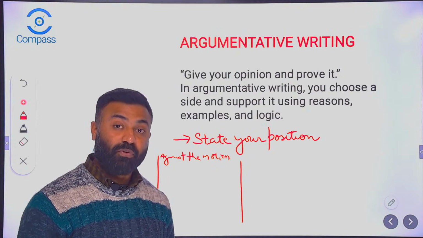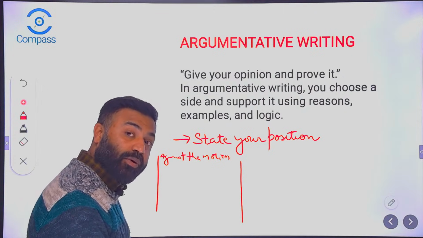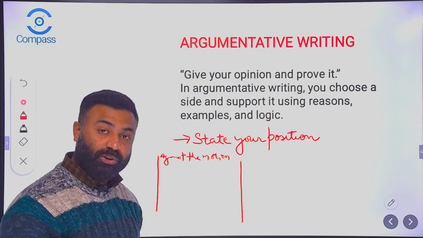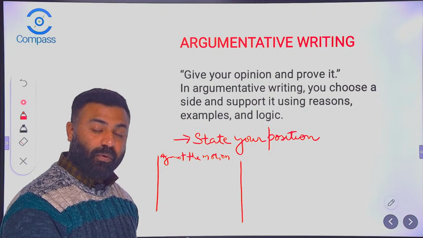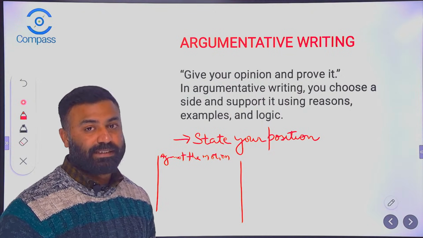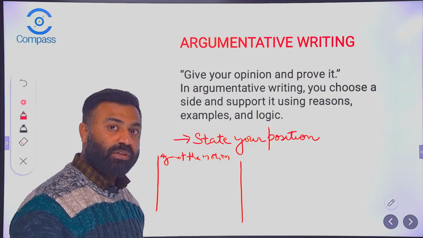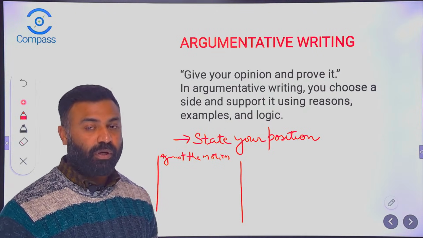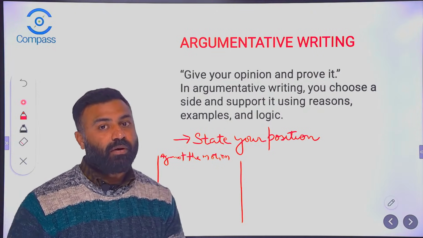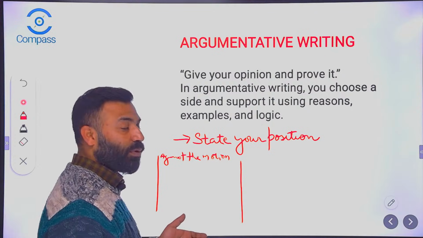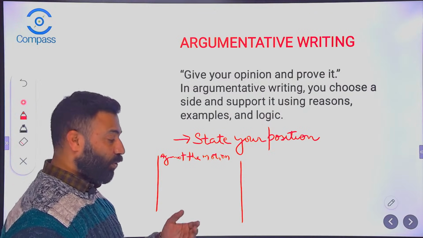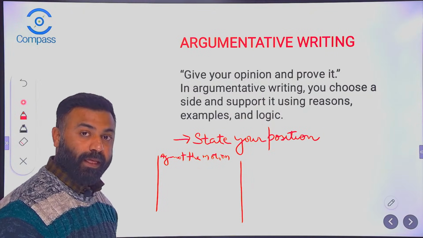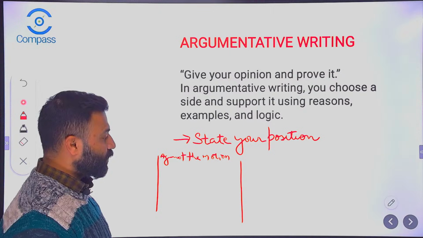Okay, so before the reader can go through your argumentative essay, he or she should know ये बच्चा कौन सी साइड के बारे में बात कर रहा है. What is he talking about? Which side has he taken? Is it against the motion or for the motion? So against the motion. Now the examiner knows, okay, the child is going to talk against the motion. He's going to be writing against the motion, right?